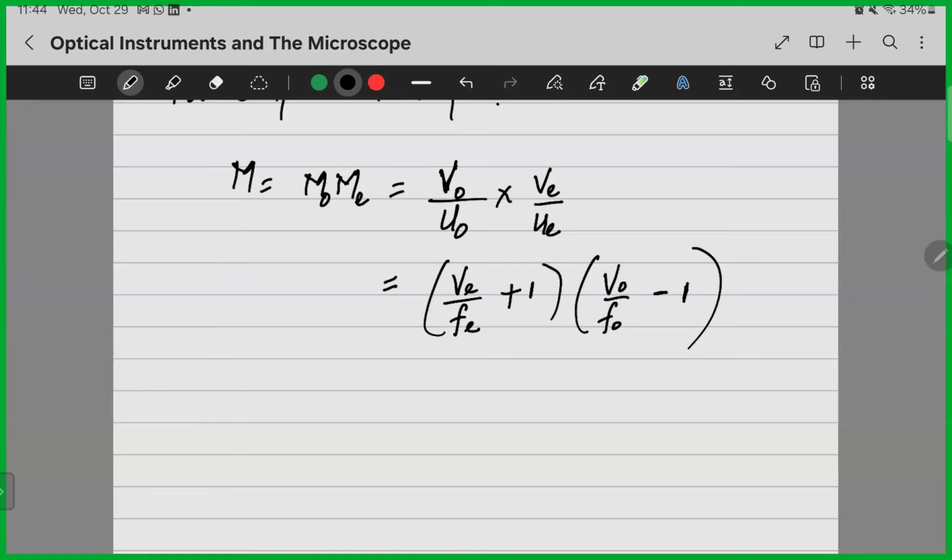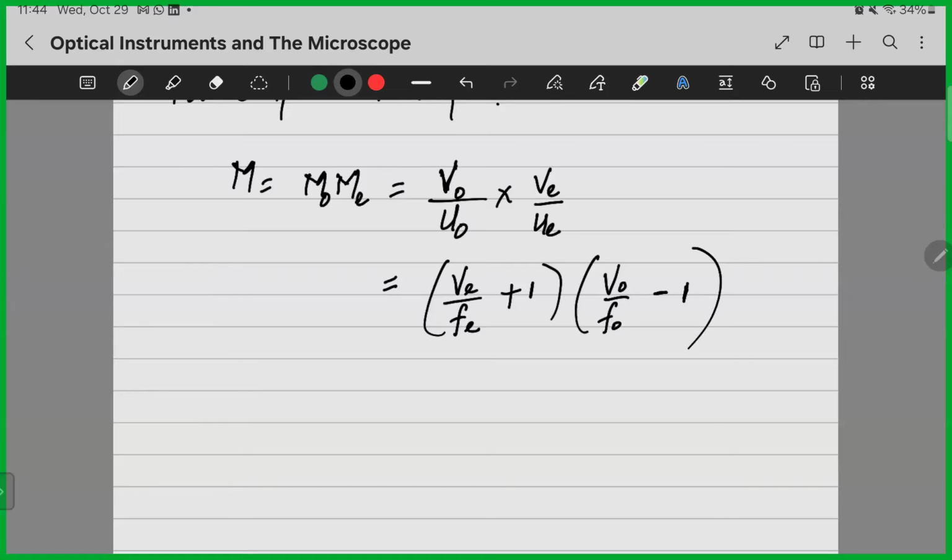So objective and eyepiece. They're trying to tell us the kind of tool it is, so it's kind of similar to the compound microscope.